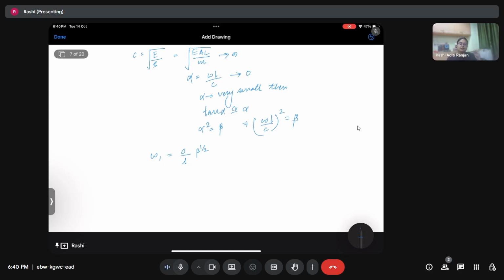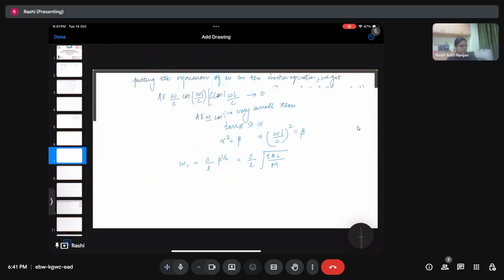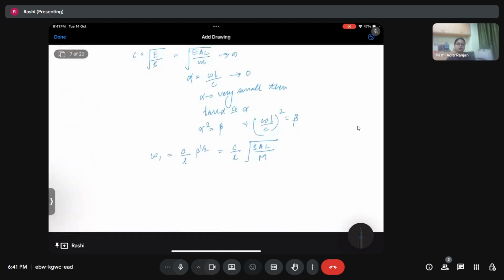So this is going to give us C by L into under root of rho A L by capital M, because this was the expression of the beta that we got over here. Okay, so this was what we got.